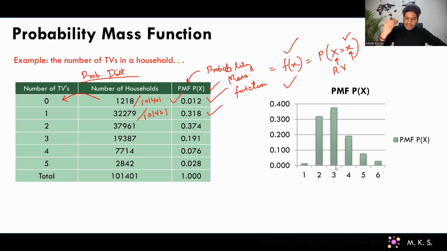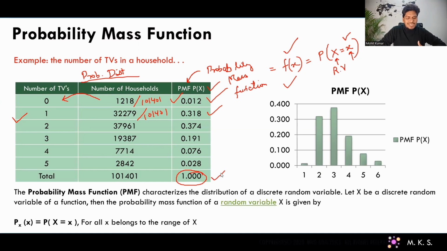At value 3 we have 0.37, that is 37% of the observations have 3 TVs, and so on. If you take the sum of all these probabilities, it comes to 1. This is the property, guys, because if you calculate the probability of all the values your random variable can take and sum them, you will find the total is 1.